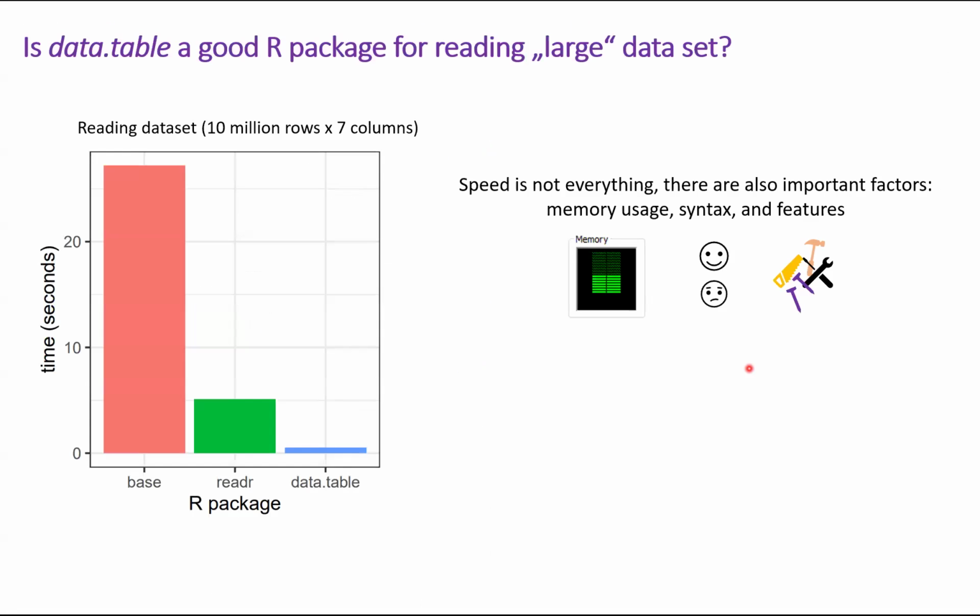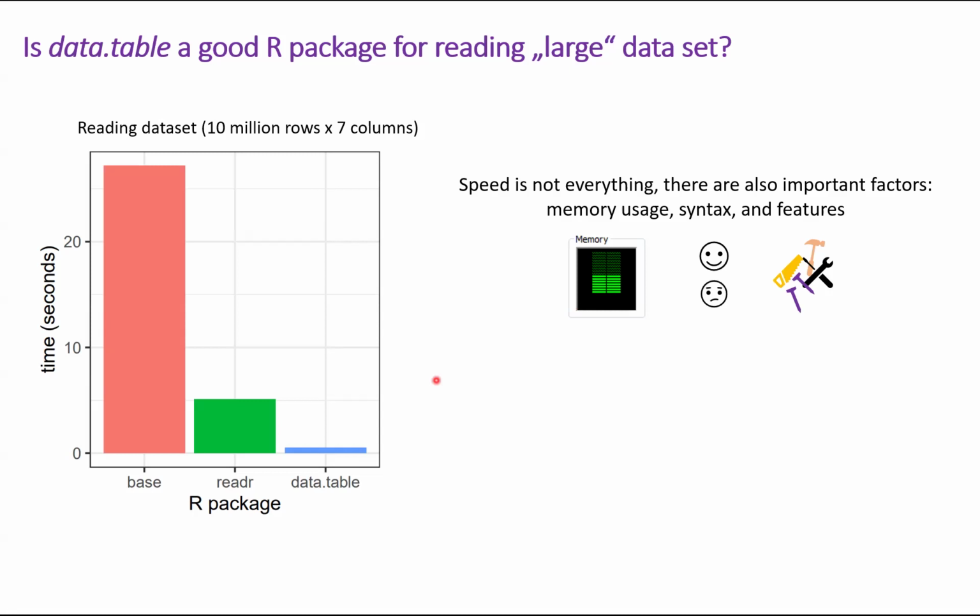And so the first question when using any package is whether it is a good package for reading large data sets. To answer your question, I tested reading a data set which consists of 10 million rows and 7 columns. In a text file, this is more than 1 GB.